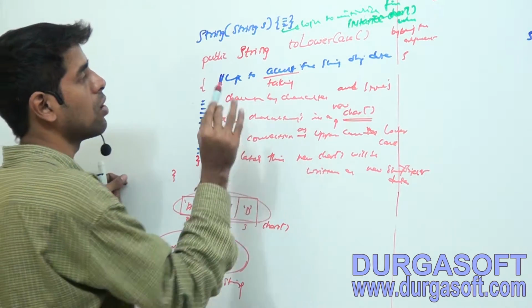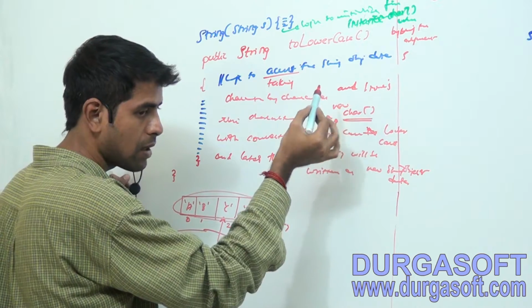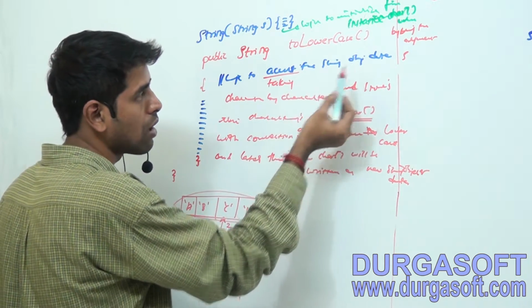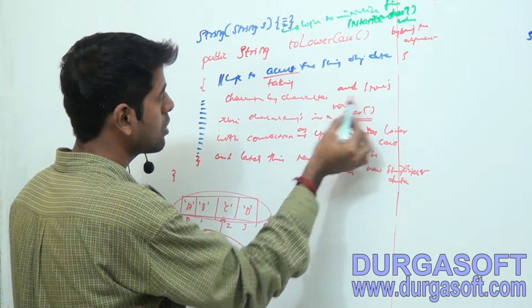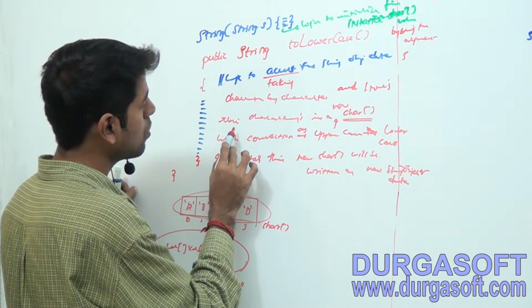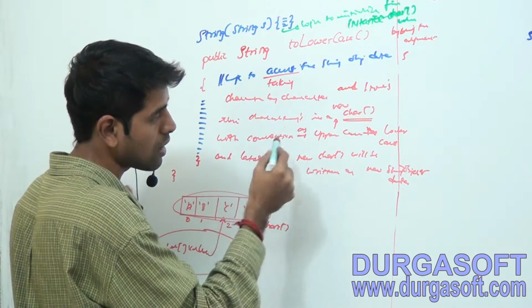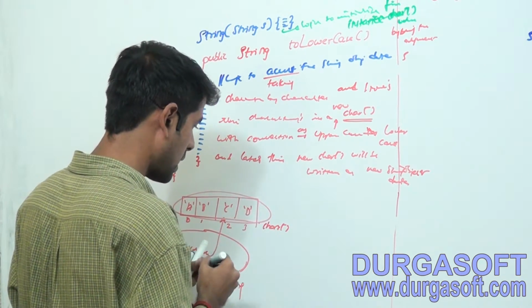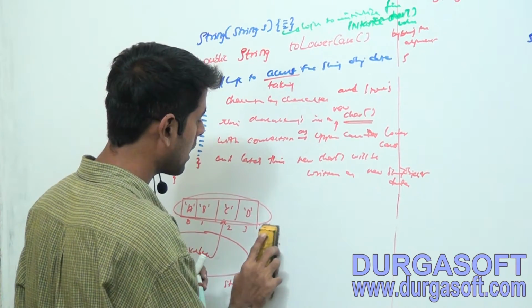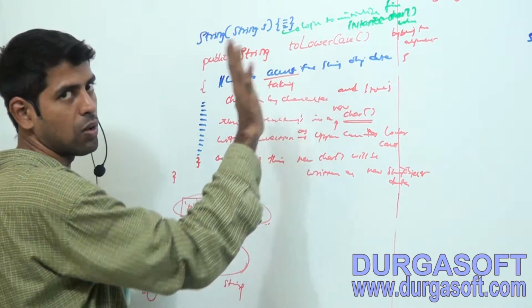Logic to access or take string object data character by character, and store these characters in a new char array. Think that I have created a new char array, not I, this method, toLowerCase. Observe.